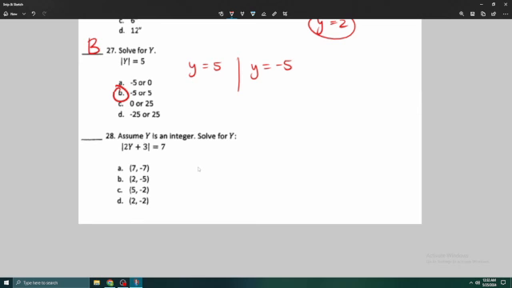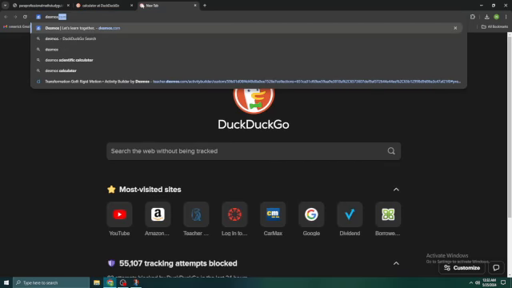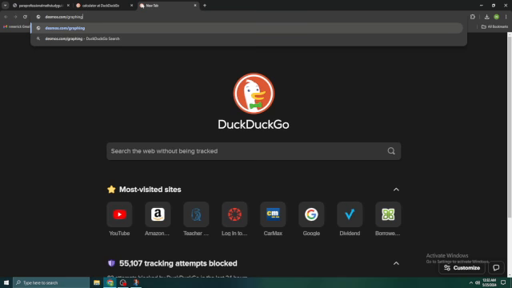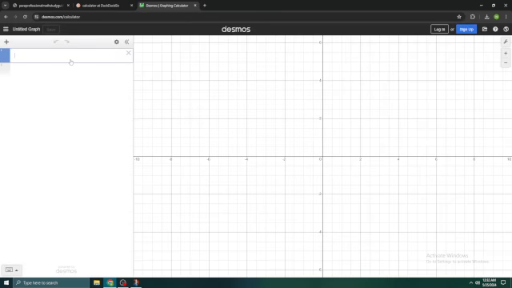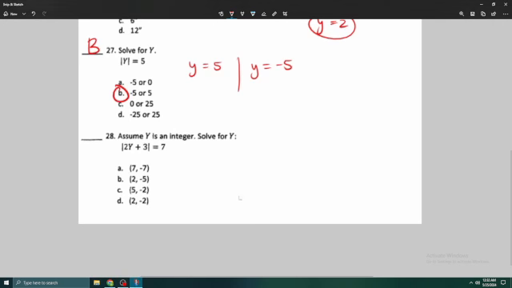I could show you on a graph. All right, so if I did the absolute value of x, like I said, there's a world where it's positive, and a world where when we take the absolute value of negative 2, we get 2, right? So pretty much all it does really is get rid of the negative sign.